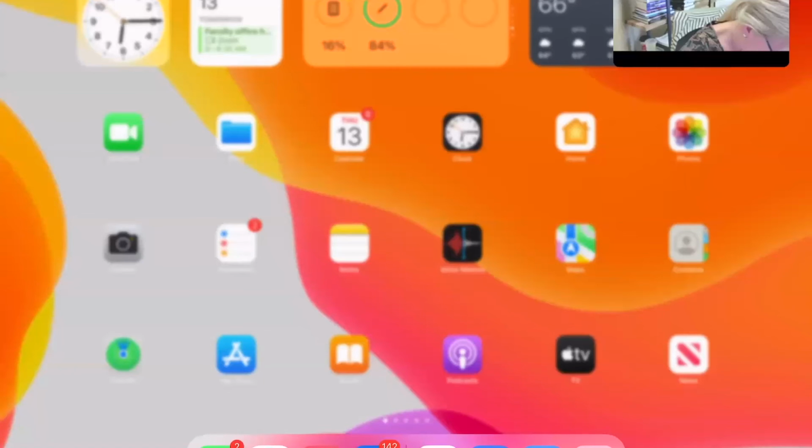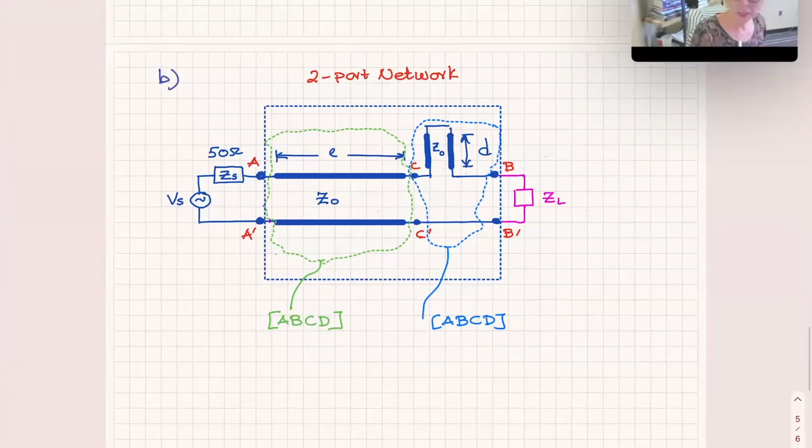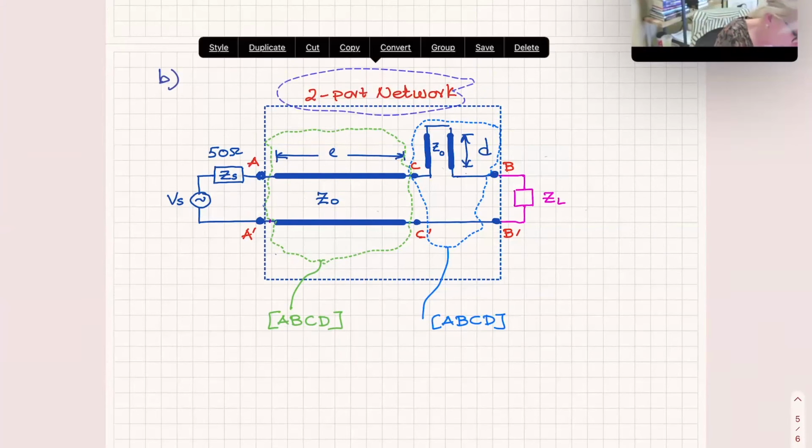Okay, so what we have to do is find the ABCD matrix of this two-port network, which is what I have in the big square. This network is made out of two smaller ones.